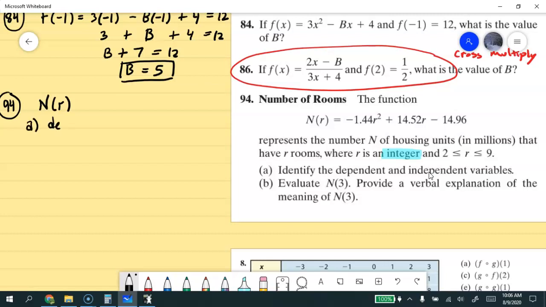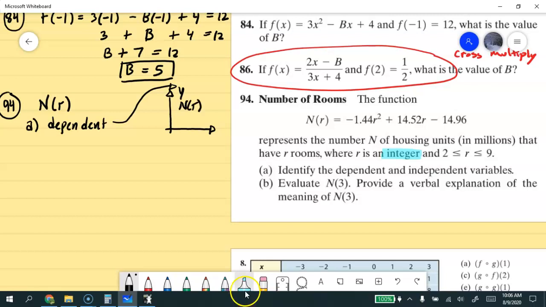The dependent variable, all right, the dependent variable is always the y variable. All right, you probably learned that in science. So the y variable is the dependent variable. In this context, the dependent variable becomes n. All right, so that would be our n of r.